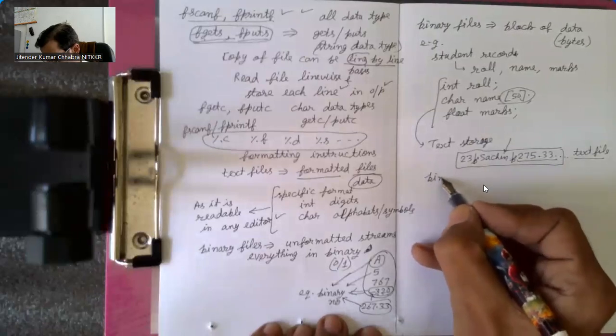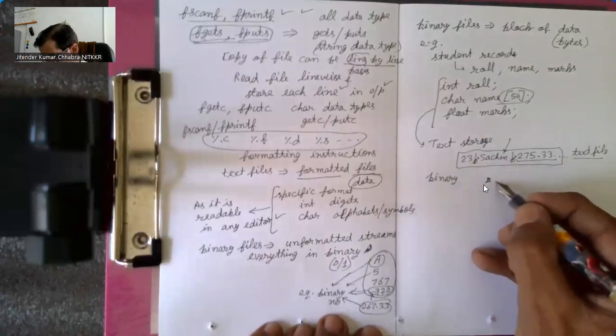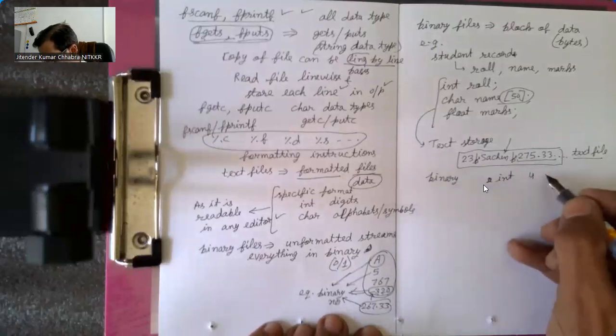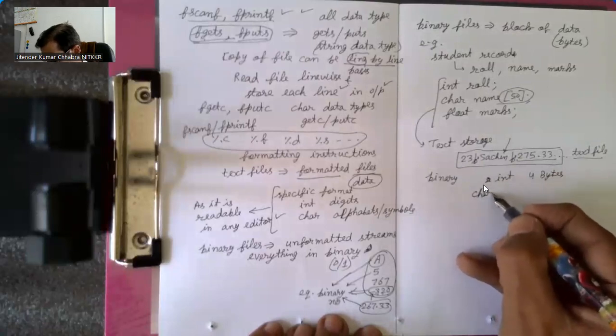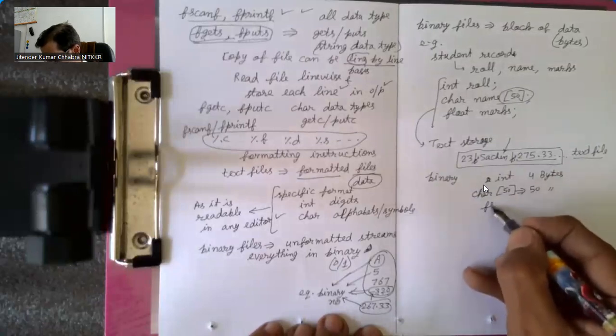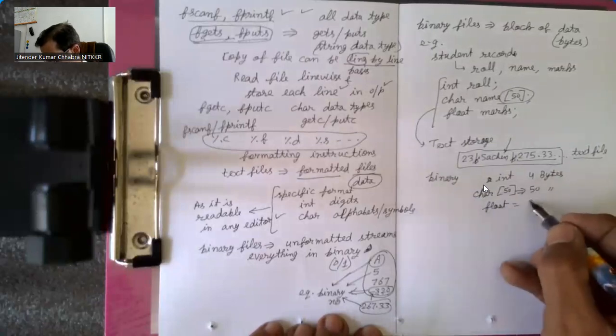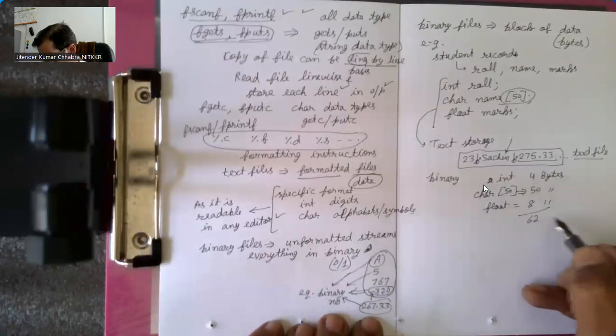Binary storage will mean, let's say, roll integer means 4 bytes. Char 50 will mean 50 bytes because char takes 1 byte each. Float value will mean effectively, let's say, 8 bytes. So total 62 bytes.